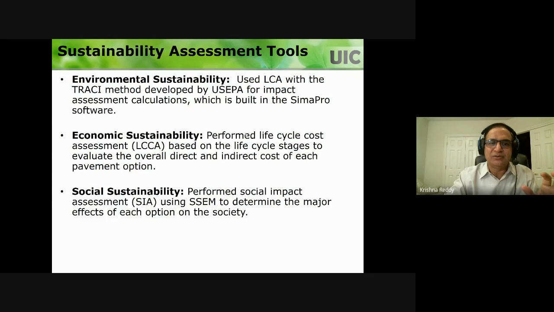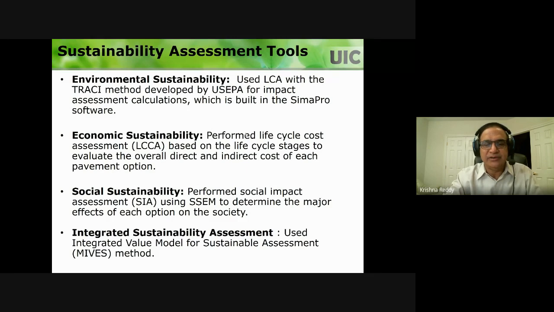And for social sustainability, we don't have much developed for this assessment, but I will show you an example of a tool called the Social Sustainability Evaluation Matrix that I developed in 2014. I'll show you that as an option to use for social sustainability.